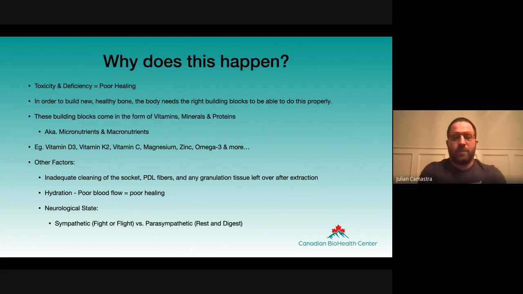If you are in a stressed out state, and especially after you have this surgery done, you don't take the right amount of time to rest, then your body can't focus on healing. It's the same as if you ate a big meal and then went out for a jog. What's going to happen? You're not going to digest properly, and you're going to have all kinds of problems, indigestion and everything.